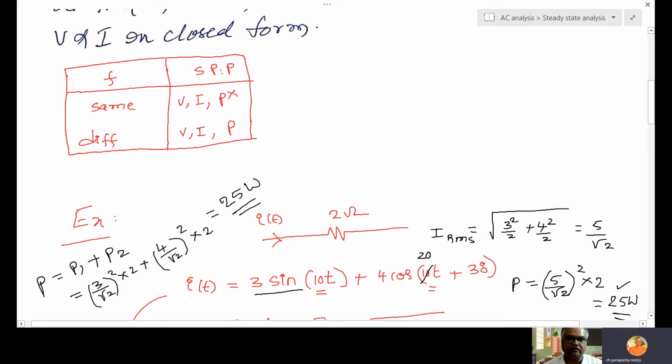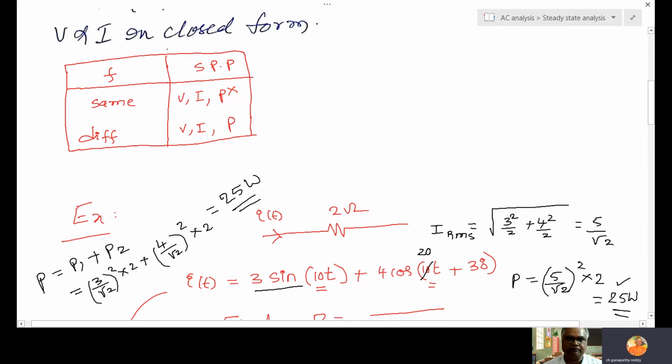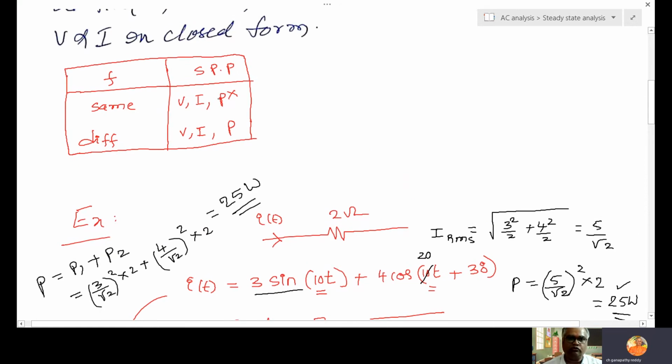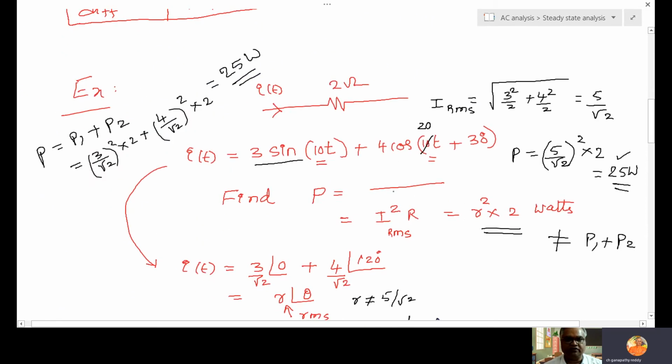When frequencies are different, even if you use superposition principle, you will get the same answer. So what is the conclusion? If frequencies are different, directly you can do, using superposition also you can do. If frequencies are same, directly only you have to do. Don't solve using superposition. That is the explanation and justification for the fifth and sixth statements.